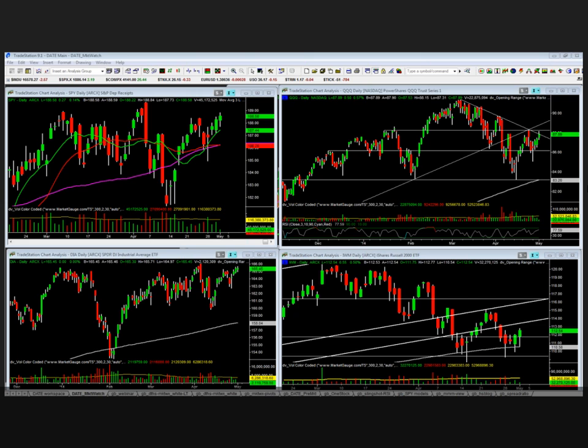So the end result hopefully of this particular coaching is that you'll feel more comfortable going to hot scans to see which stocks are setting up for either strong relative strength plays or weak relative strength plays.